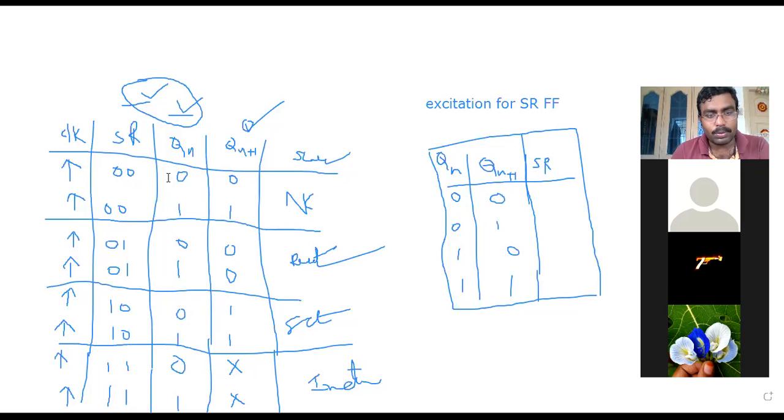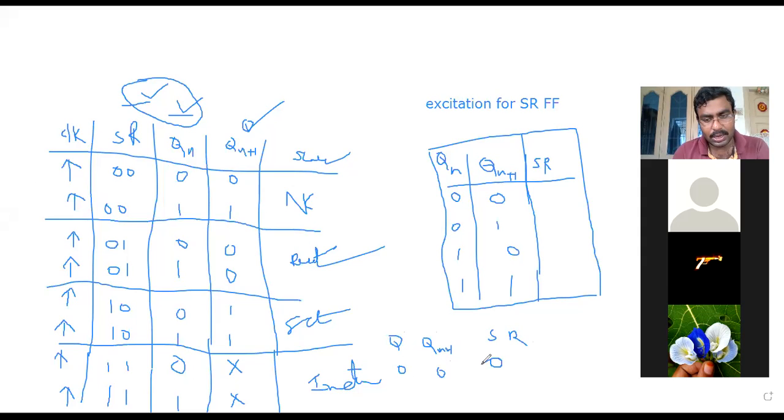Look at their inputs now. This is first combination, present state 0, next state 0. Here, what is your inputs, guys? 0 0. Yeah, let me write the first combination. When I'm writing my present state and next state values like Qn and Qn plus 1, Qn plus 1 I'm writing as next state. So for the present state 0 and next state 0, the first input combination is 0 0.